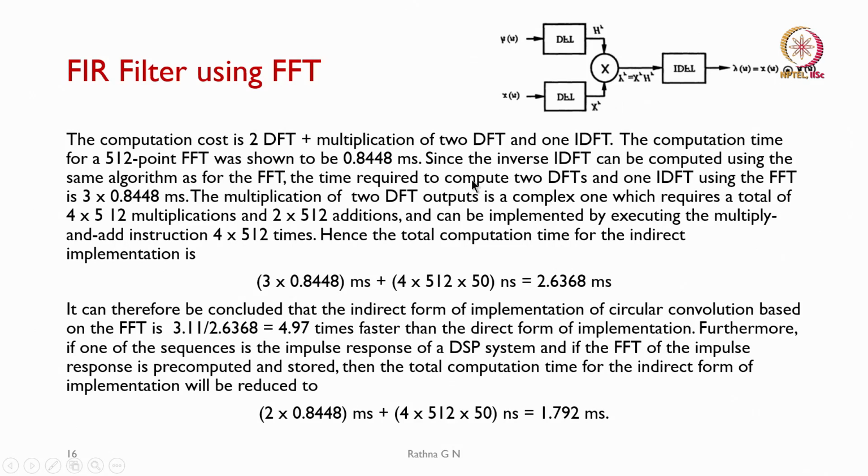Each complex multiplication, as we know, is 4 normal multiplications, 4 into 512 into 15. So, this is the additional, which runs at 2.6368 millisecond, and the total is 3.11 millisecond in the thing.